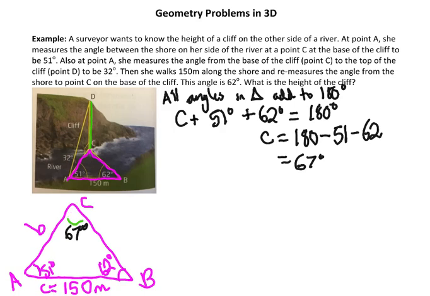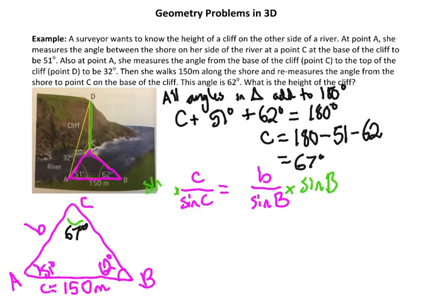So if this is angle C, that must be side C. So C over sine of angle C will equal B, that's what I'm looking for, over sine of angle B. I need to rearrange this for B, so I'm going to multiply both sides by sine of B. That's going to clean the sine B off the bottom there. And I'll get C times sine of B on top, divided by sine of C, and that'll all equal side B.